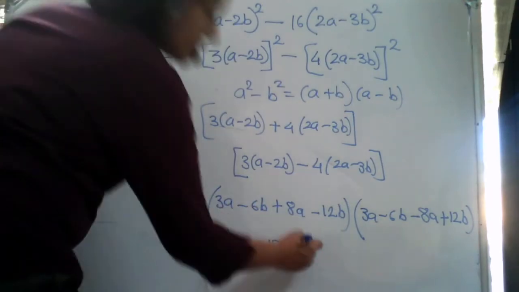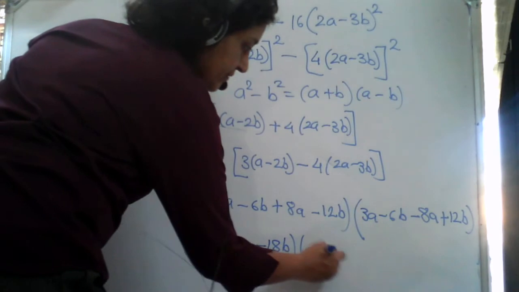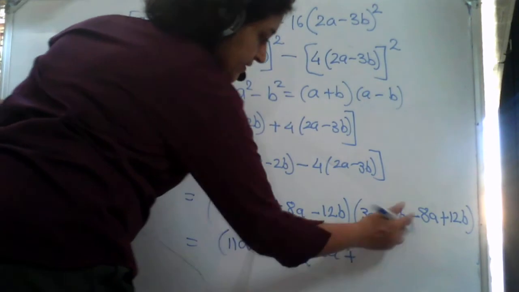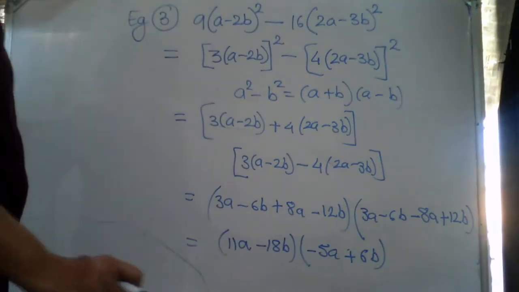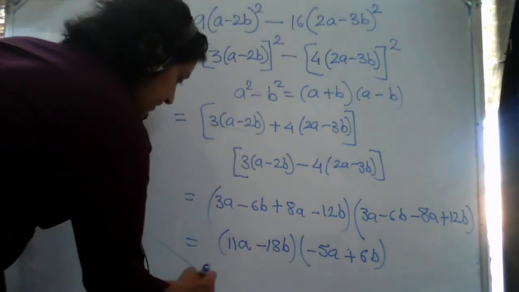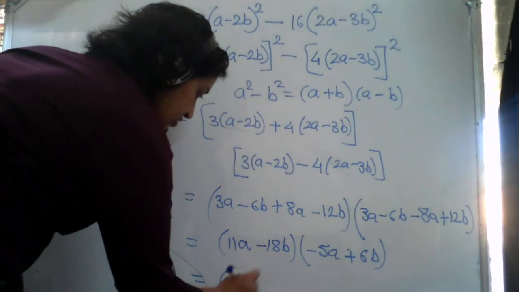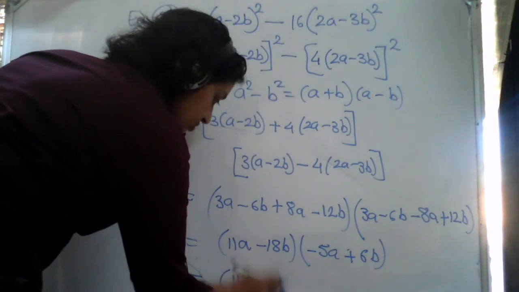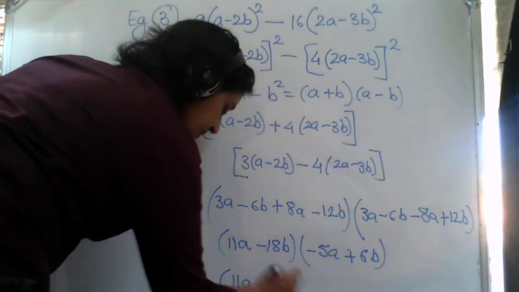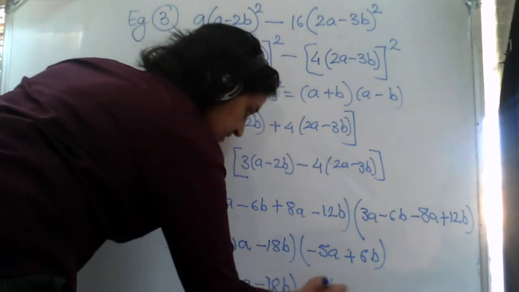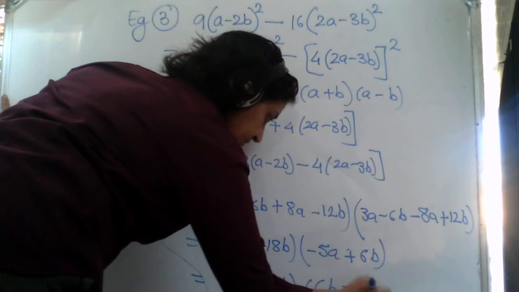So this will be minus 5a plus 6b. Now always write the positive number first is the rule. It is a convention. Conventionally we should write it that way. So 11a minus 18b, and here it is 6b minus 5a.